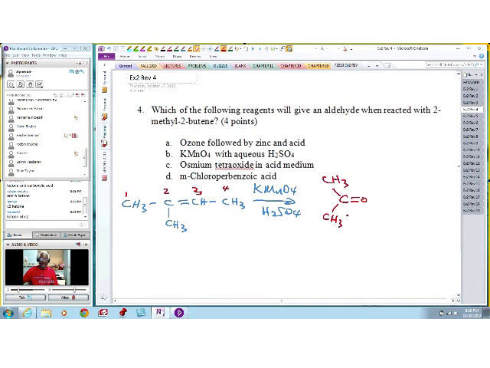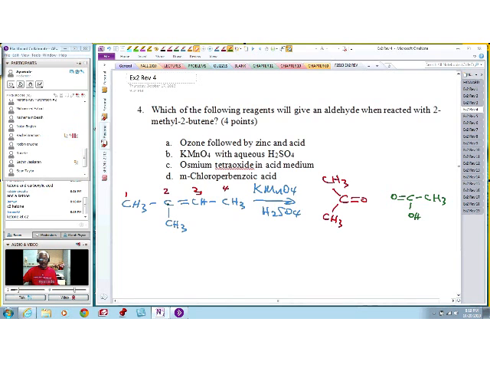The carbon 2 becomes the carbonyl of a ketone, and the carbon 3 will become the carbonyl of a carboxylic acid. Because anytime you have a hydrogen attached to the carbon of a carbon-carbon double bond, and you use this reagent here, you get carboxylic acid.